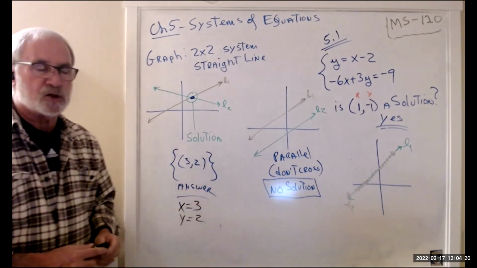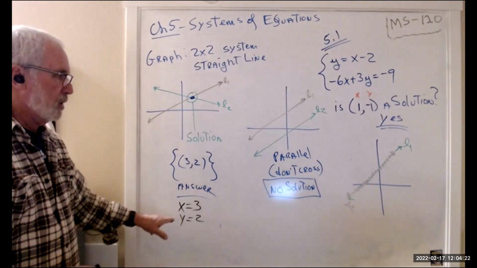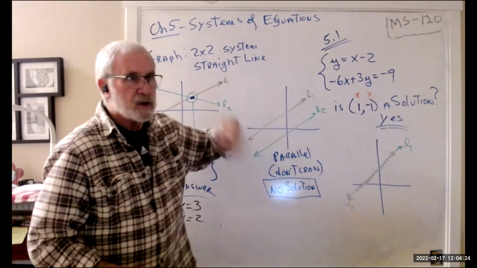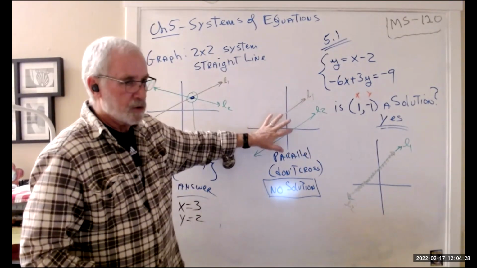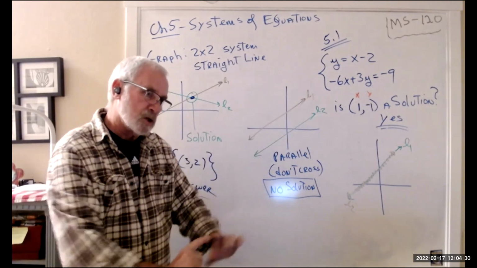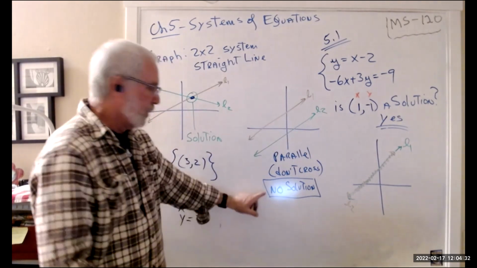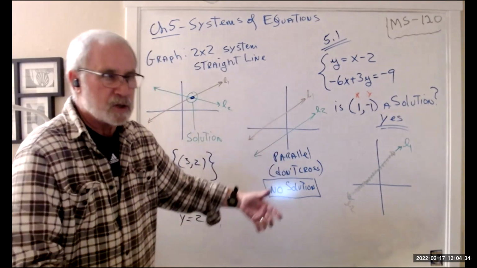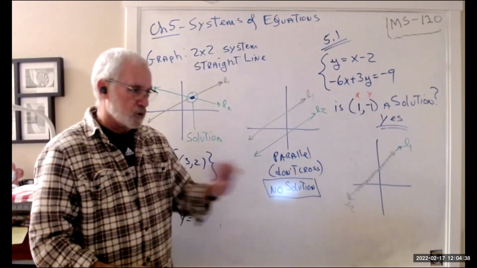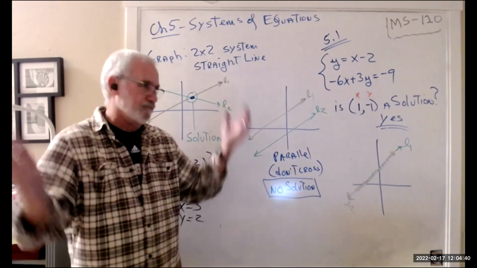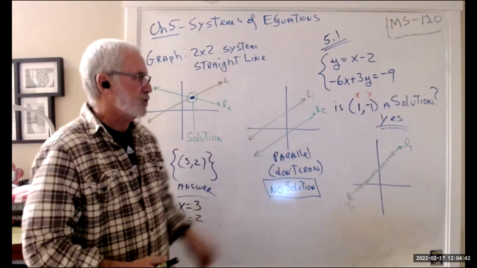She's inconsistent, so you have to read the directions. If on problem number 2 you graph the two lines and they're parallel, then where it says solution down at the bottom, you write no solution, or whatever she tells you to write. If there's no solution, write no solution or whatever she says.